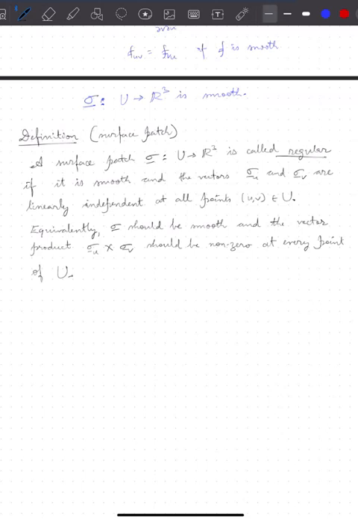So the idea is that we always want to obtain the basis vectors which we use to construct the surface itself.